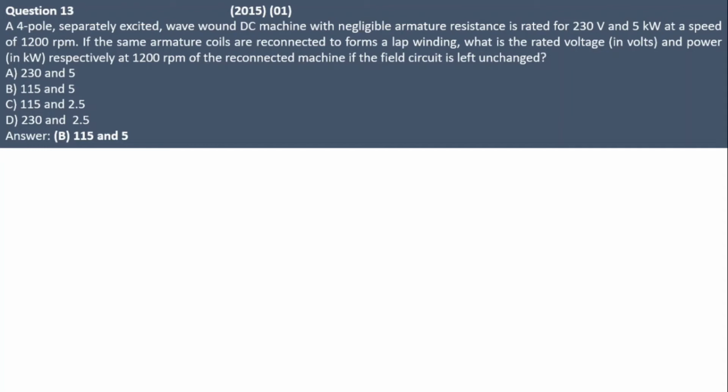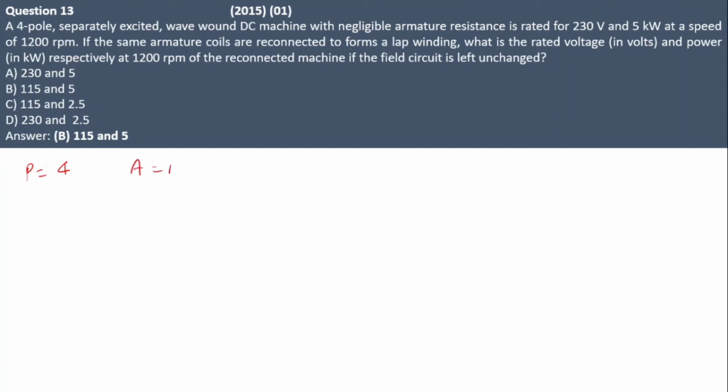So first, write the data. 4-pole separately excited DC machine, armature resistance is negligible, and rated for 230 volt, 5 kilowatt at the rated speed of 1200 rpm. Okay, first it is connected in lap.